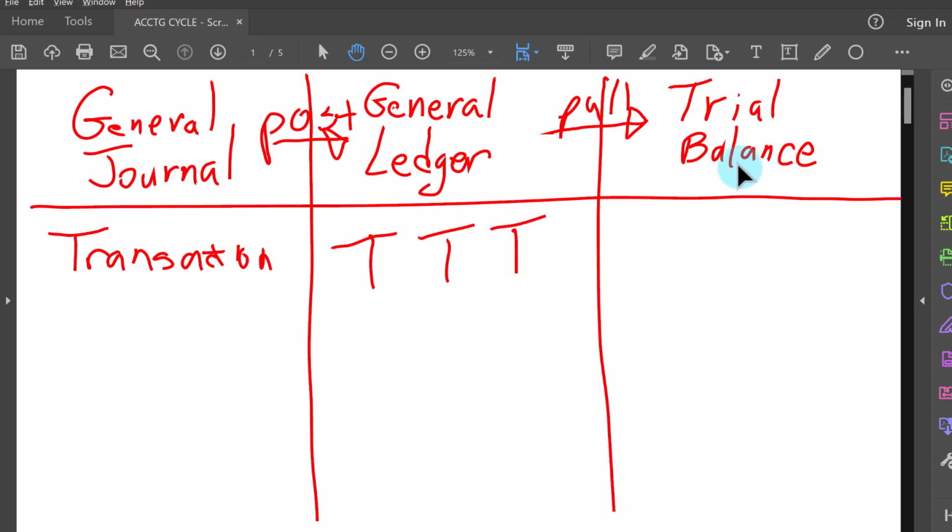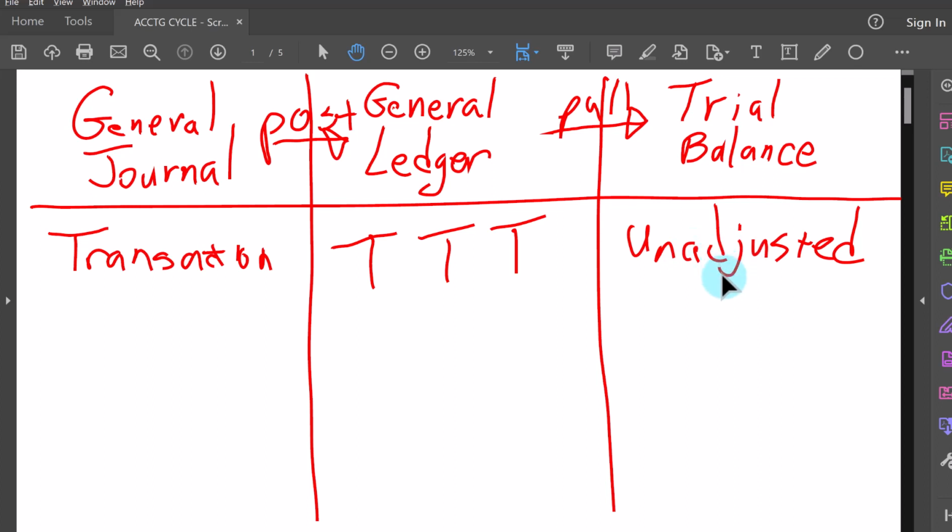And because this trial balance has balances that are not updated or adjusted yet, we call it an unadjusted trial balance. We're just making sure that the total debit balances in the general ledger equal the total credit balances, to see how much we have in each account at the end of the period, or at any time during the period. You can always pull a trial balance.